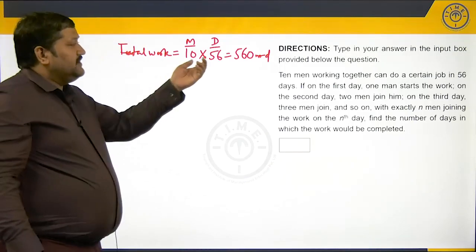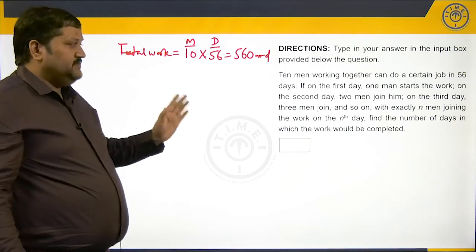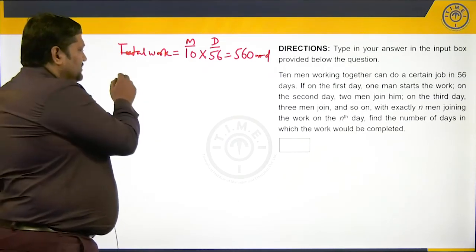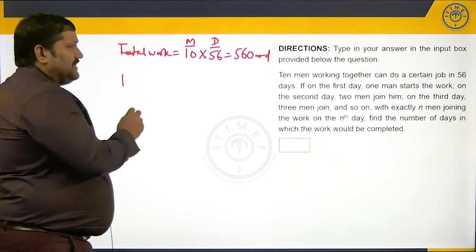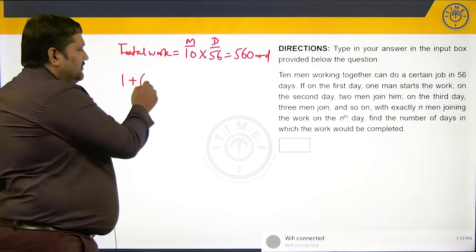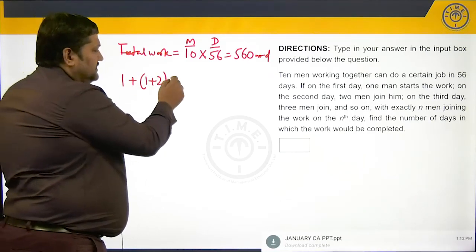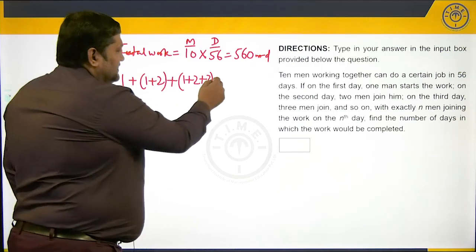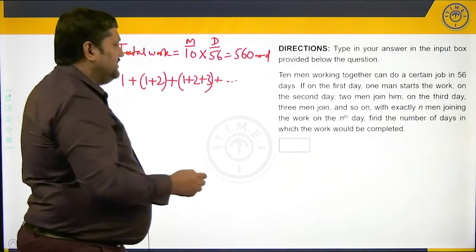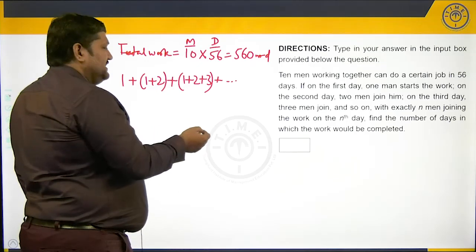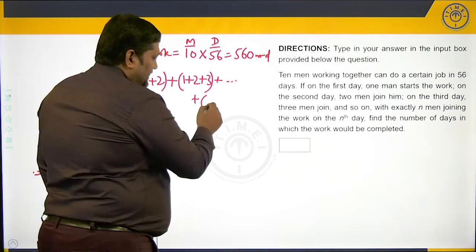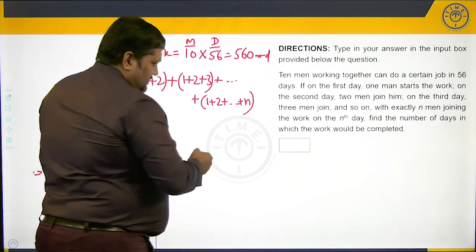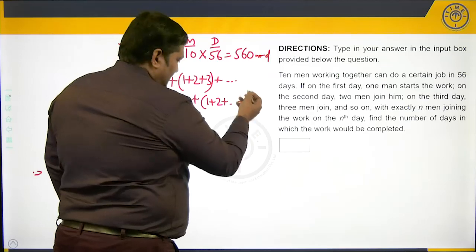Instead of 10 men working together for 56 days, on the first day you have 1 man, on the second day you have 1 plus 2, on the third day 1 plus 2 plus 3, and in this fashion every day certain people join. On the nth day there will be n people who will join. That means on the nth day you will have 1 plus 2 plus so on till n people working, and the work is expected to be completed.